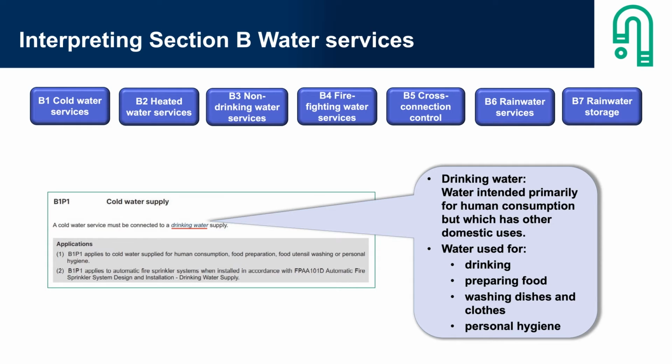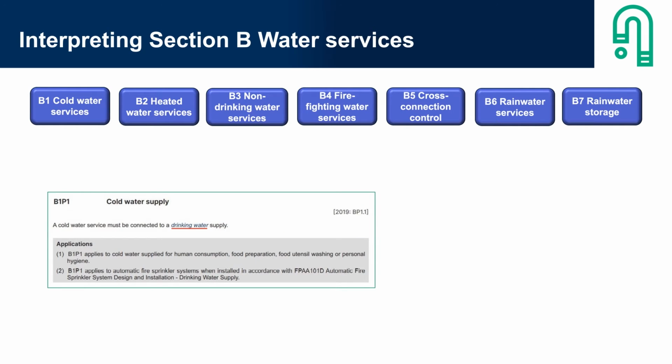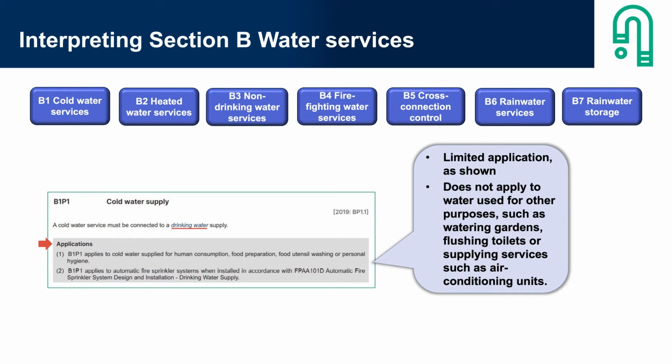Water used for drinking, preparing food, washing dishes and clothes, personal hygiene. Limited application, as shown, does not apply to water used for other purposes, such as watering gardens, flushing toilets, or supplying services such as air conditioning.